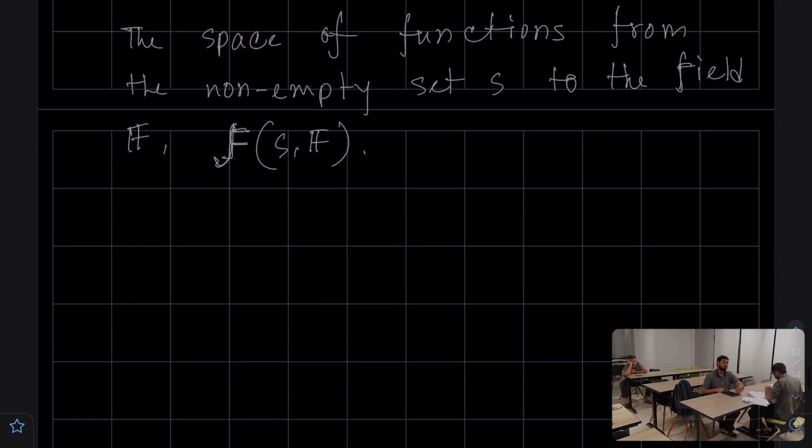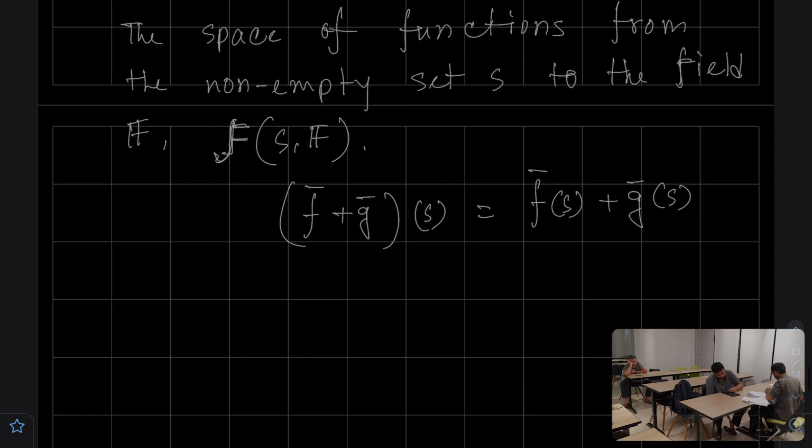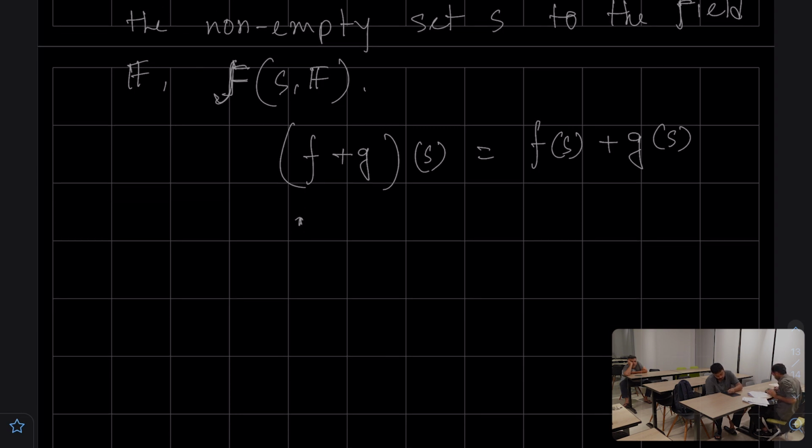The addition in this vector space is defined by (f plus g)(s) equals f(s) plus g(s), where f and g are the vectors and s is an element. And the scalar multiplication (c f)(s) equals c times f(s).